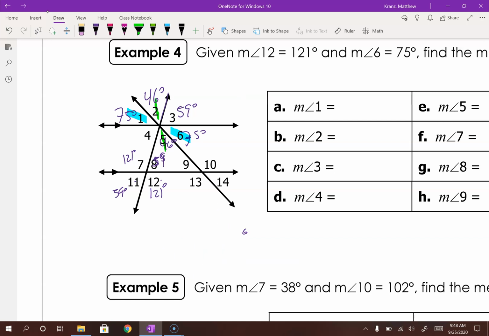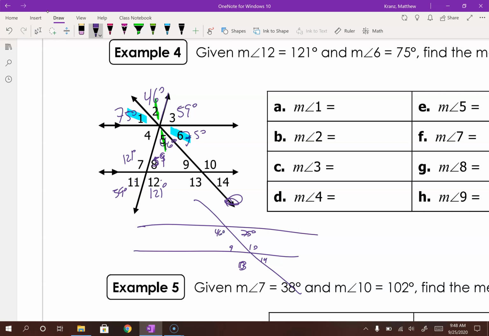So now, how do we tackle 9, 10, and 11? Well, the way I'm going to look at it is I draw my lines, and I draw this line, right? This one right here. And I have 13, 14, 9, and 10. And then up here, I have angle 6, which is 75. I have this one, which is 46.